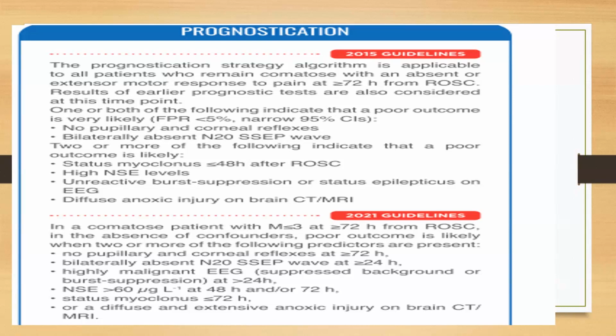When two or more of the following predictors are present, that indicates poor outcome: no pupillary and corneal reflex at more than 72 hours, bilaterally absent N20 SSEP waves at more than 24 hours, highly malignant EEG at more than 24 hours, neuron-specific enolase more than 60 at 48 hours and 72 hours, status myoclonus less than 72 hours, and diffuse or extensive anoxic injury on radiological imaging like CT or MRI. If two or more of the factors are present, that indicates poor prognosis.